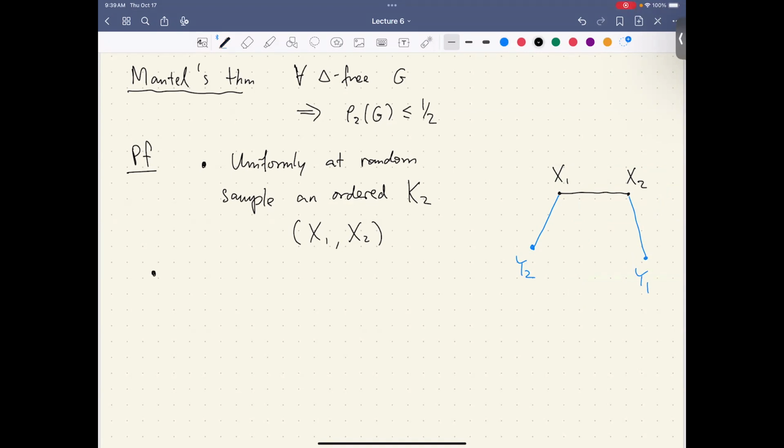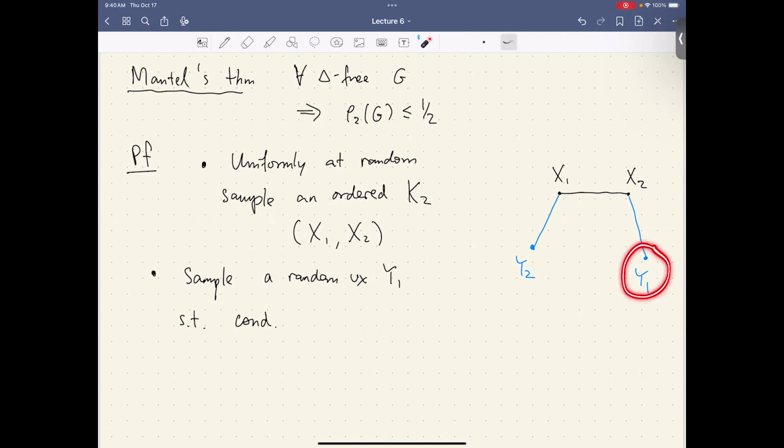Now the second step: sample Y1, a random vertex Y1, such that conditional on X2, X1 and Y1 are identically distributed.